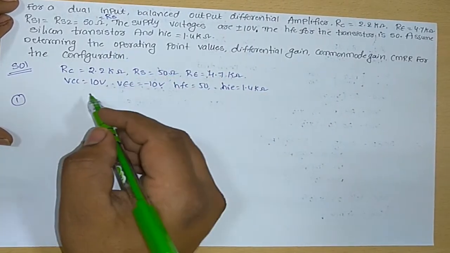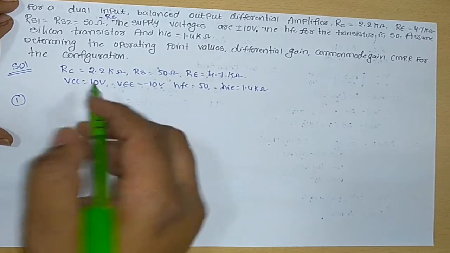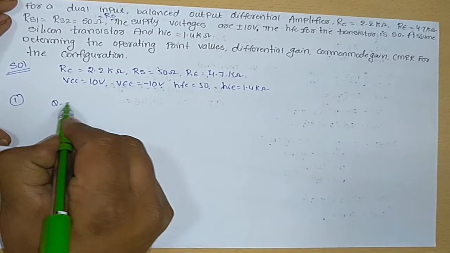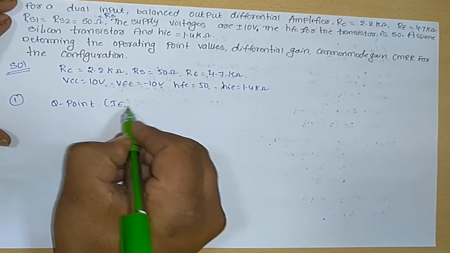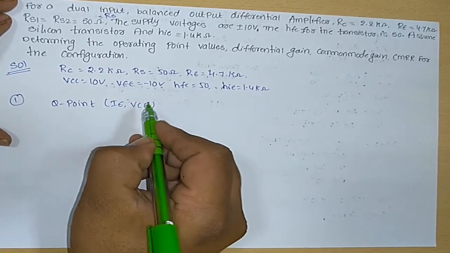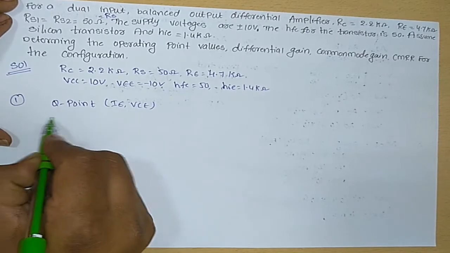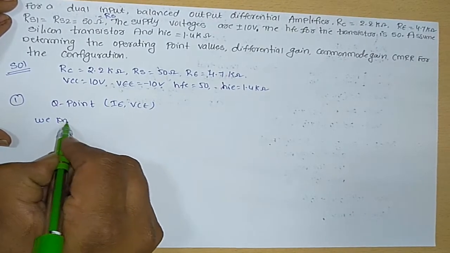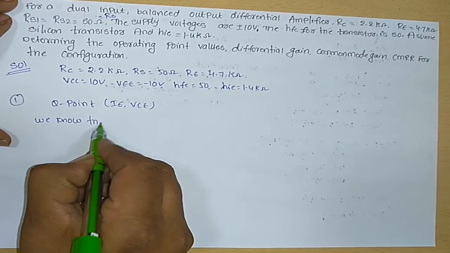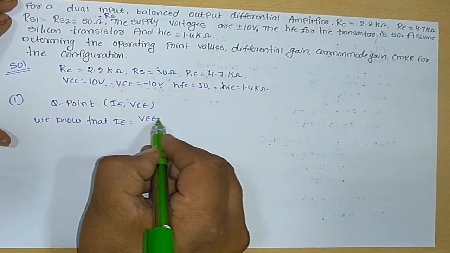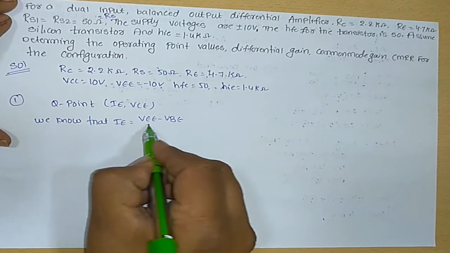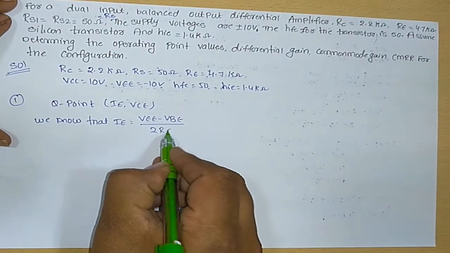We know that in this DC analysis we are determining the Q point as a function of IE, VCE. Here we are determining IE. We know that emitter current IE equal to VEE minus VBE whole by 2RE.